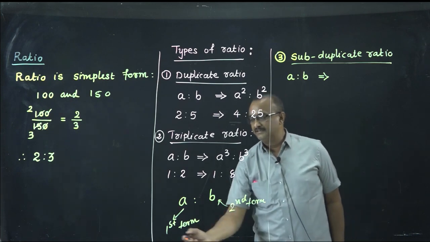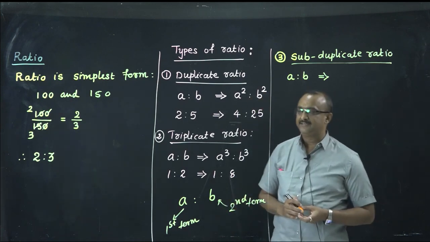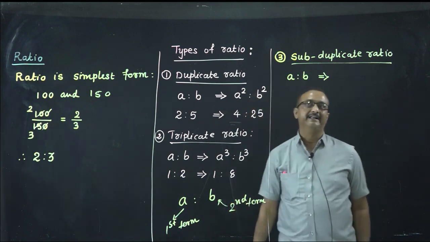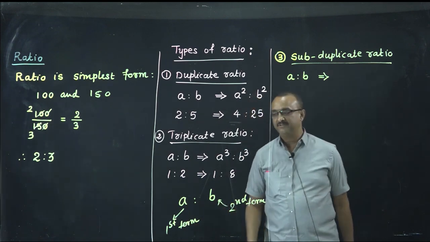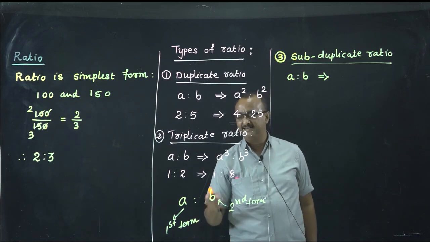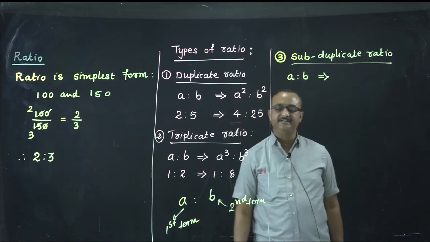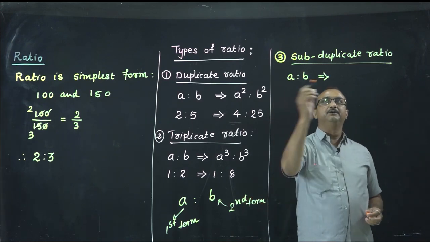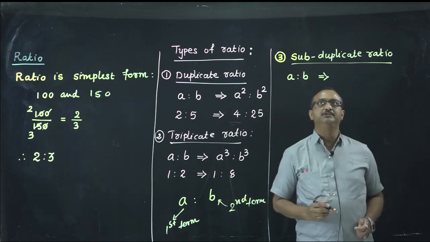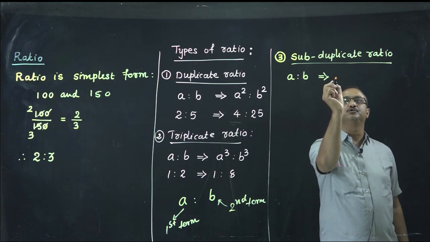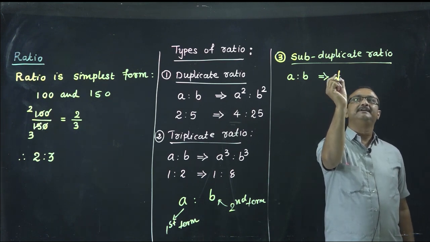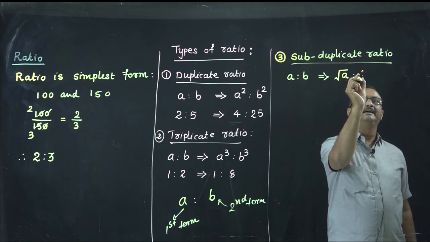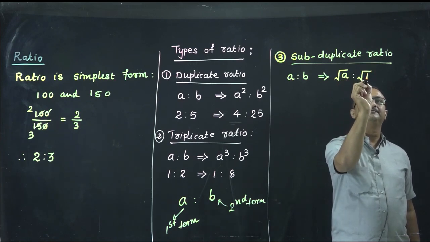In other words, the first term is known as antecedent and the second term is known as consequent. Remember, first term is known as antecedent and second term is known as consequent. Now here we discuss the subduplicate ratio of A is to B. Subduplicate ratio of A is to B is under root of A is to under root of B.